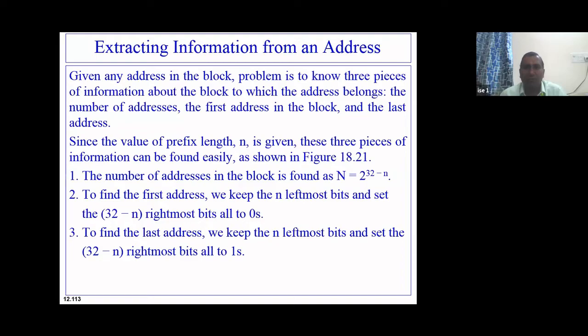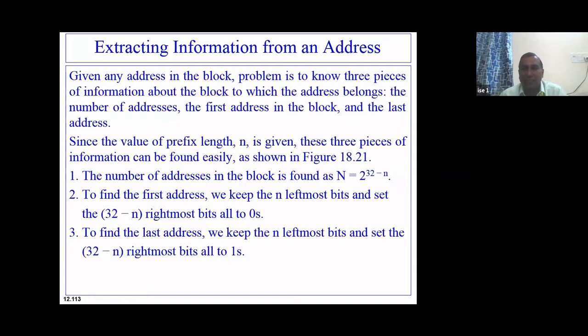The formula for finding the number of addresses present in a given block is N equals 2 raised to power 32 minus n, where 32 is the total number of bits in the address, small n is the prefix length, and capital N is the number of addresses in the block.